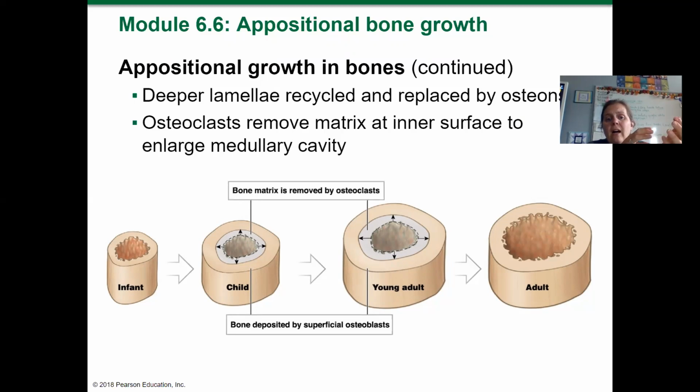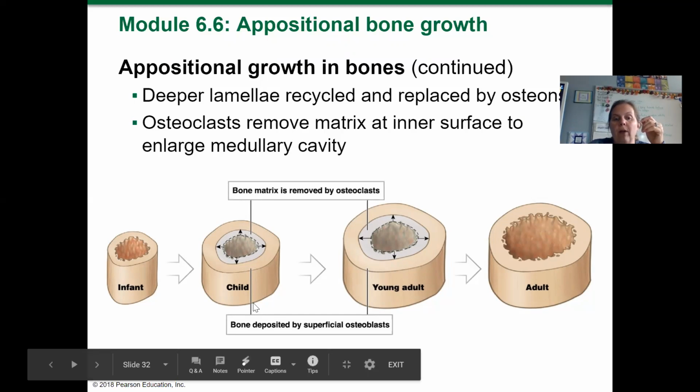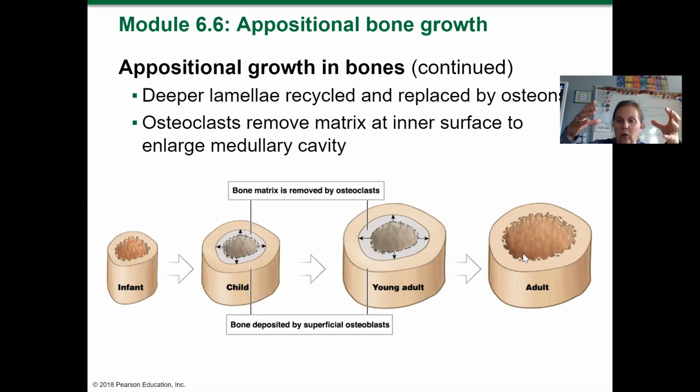You can see from the center that the osteoclasts are breaking down the inner portion where the medullary cavity would be, and the osteoblasts are putting more layers on the outside. So you end up with an increase in diameter, but the thickness remains pretty consistent.